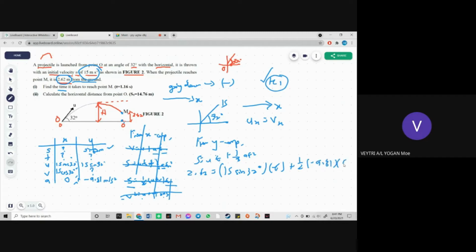T square kena cari. So basically you ada semua. Kena cari apa? T. Remember dekat sini, number 1, label from Y component. Itu method pertama. Kalau you tak nak, bolehlah you buat SY equals to UY T plus 1 over 2 AY T square. Tapi panjanglah sikit. So it's best for you to write from Y component, ambil data daripada table anda, and then you do it over here.